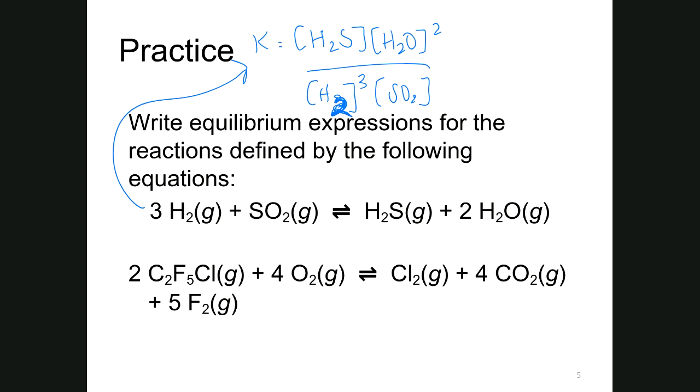For our second reaction, we can say K is equal to, same idea, start with your products. So chlorine has no exponent. Carbon dioxide is raised to the fourth. Fluorine is raised to the fifth.